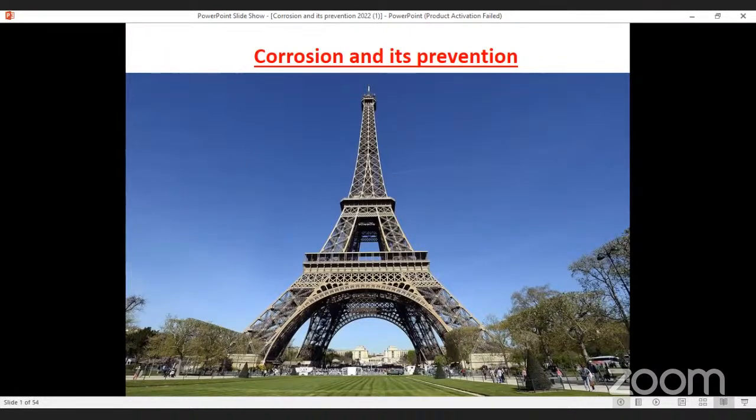Today we are going to discuss the corrosion topic, right? What is corrosion, and how to prevent the corrosion process by using various methodologies. What is the corrosion process? Whatever metal is involved in an oxidation process, that becomes the corrosion process.